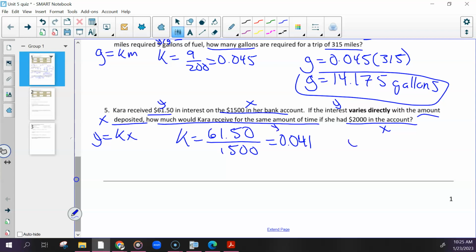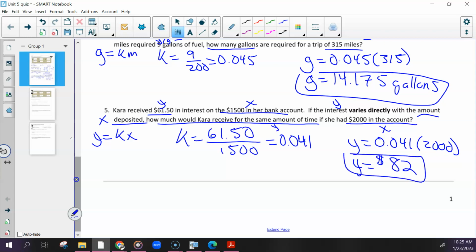So putting our 0.041 and our 2,000 in, we would be multiplying those two together to get 82. So the 6 points here were: did you define your variables, and then set up your original equation, solve for k, simplify, solve for y, then your final answer. Questions on that one?